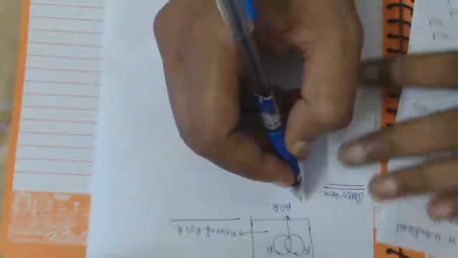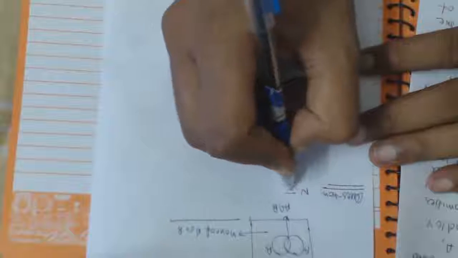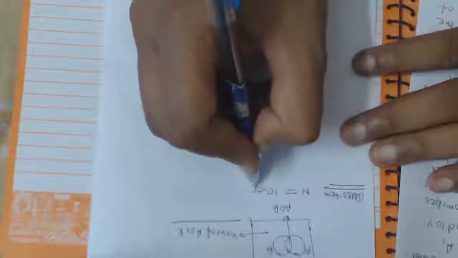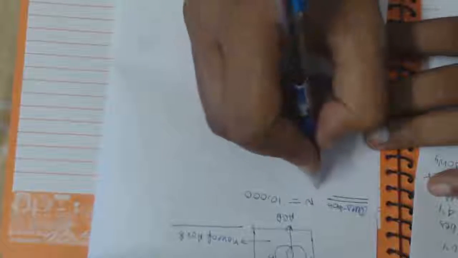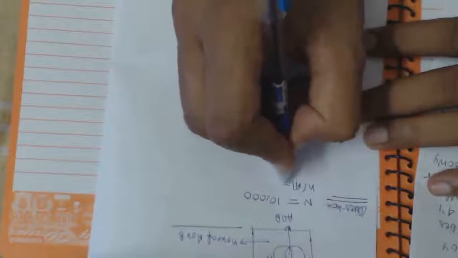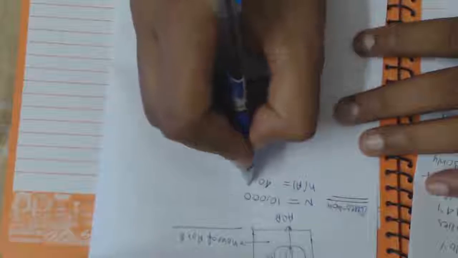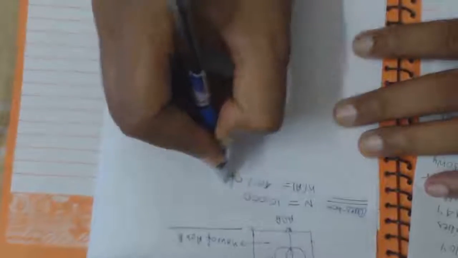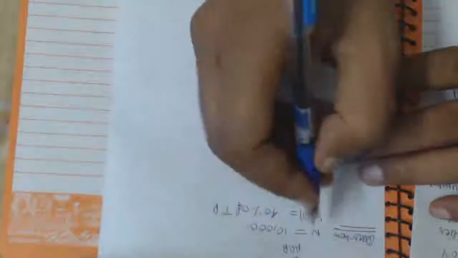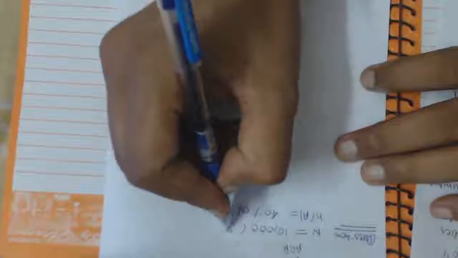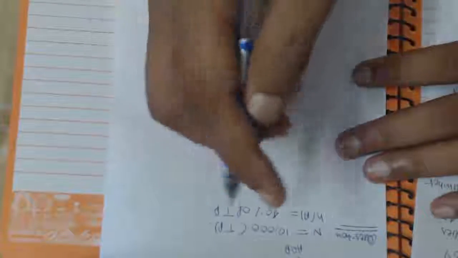So first thing is the number of families in the town, 10,000. 40% families buy newspaper A, that is 40% of total population buys newspaper A. 10,000 is the total population, 10,000 families.